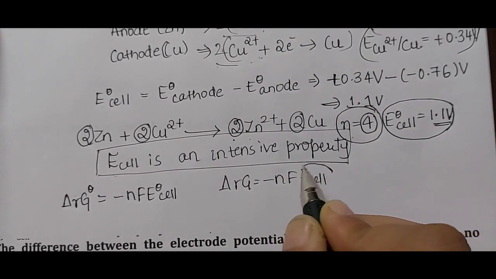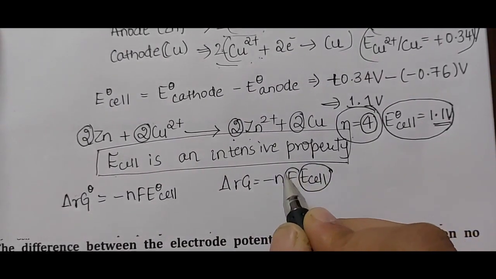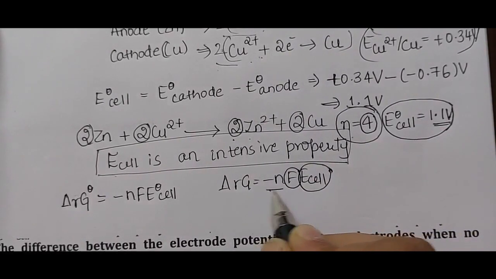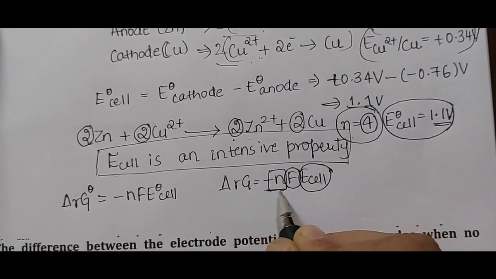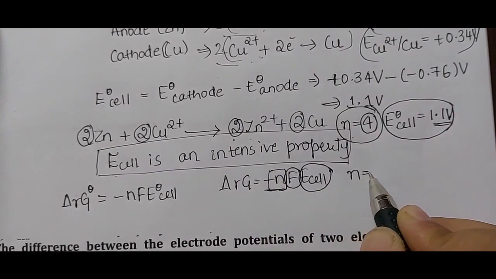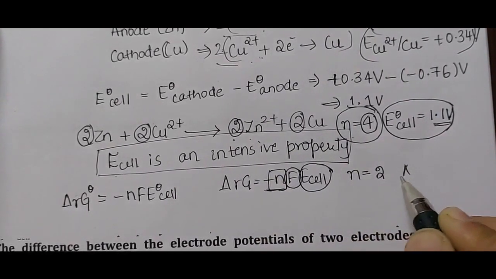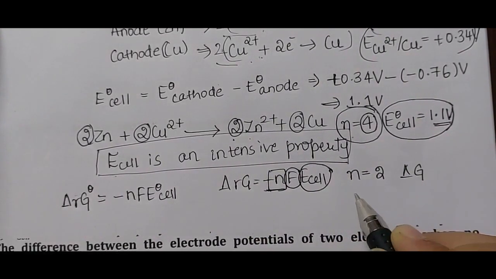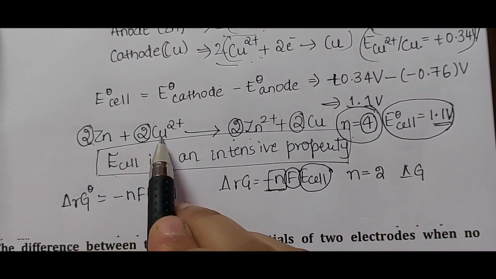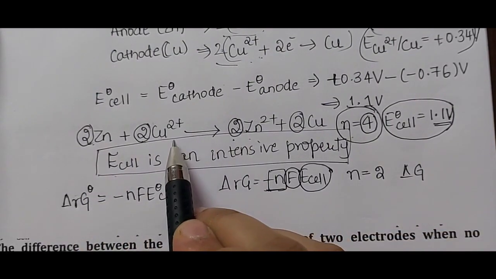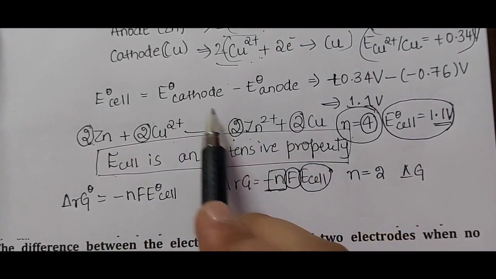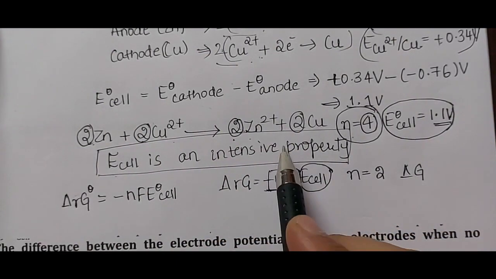So E cell value is constant, F value is also constant. What determines the change here is the n value. If n is 2, your delta G value will be different. If you are increasing the number of moles of reactant, you can see that the number of moles of electrons involved in the reaction also changes.